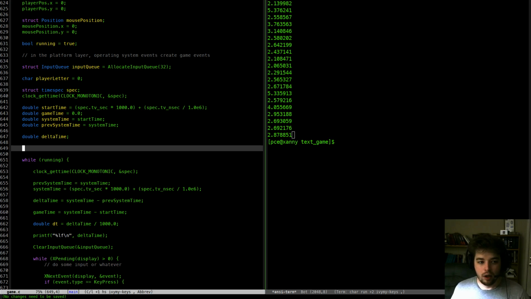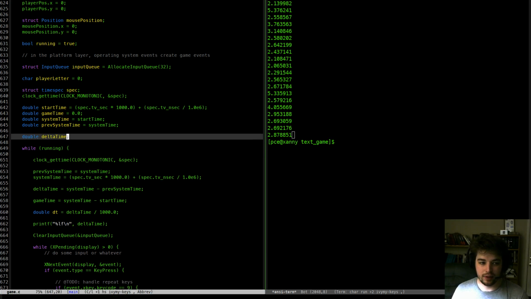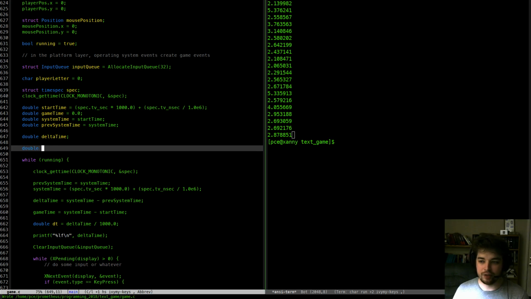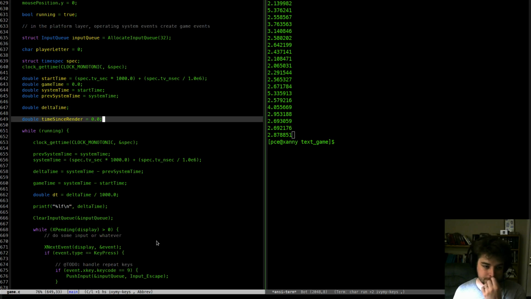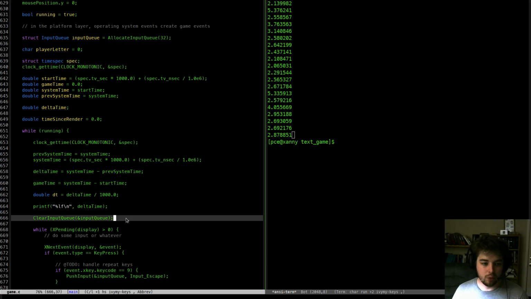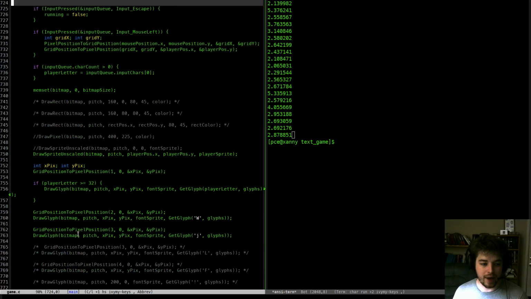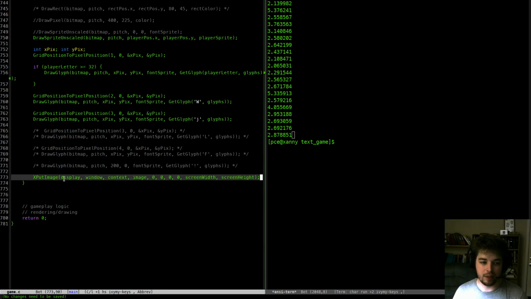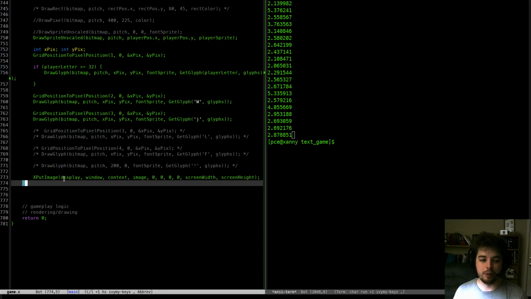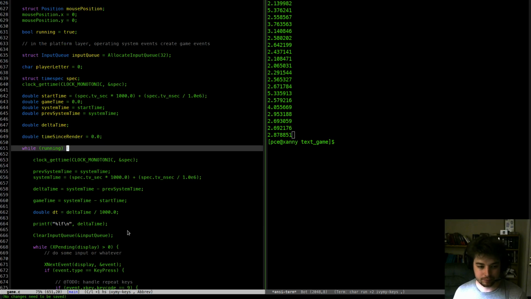So what I want to do is keep track of this variable. We'll call this time since render, and we're going to say that it equals 0.0. Every time we render, every time we do this XPutImage, our time since render becomes 0, right?